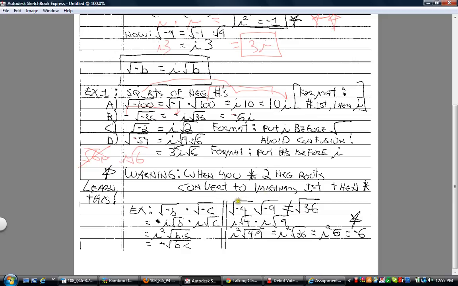You can't do that. You've got to break them down first and pull out the i, or pull out the negative square root of 1, which is an i. So it's i times the square root of 4 times i times the square root of 9. Again, that's because of that negative 1. Now i times i produces i squared, and i squared equals what, class? That's right, a negative.